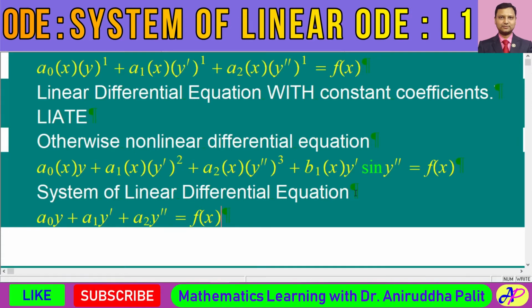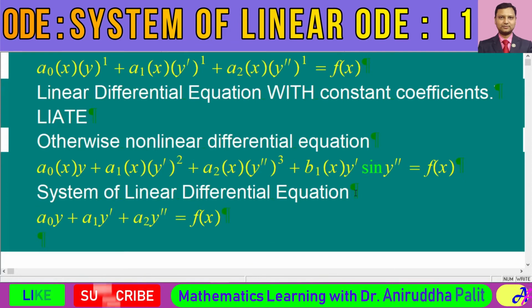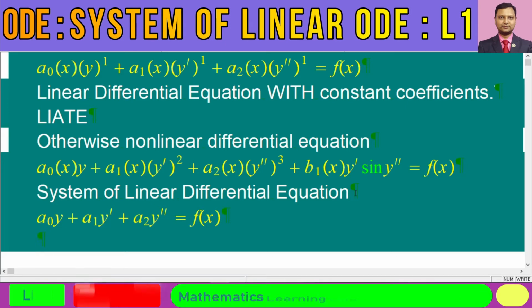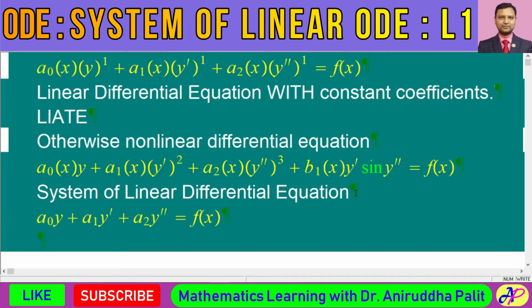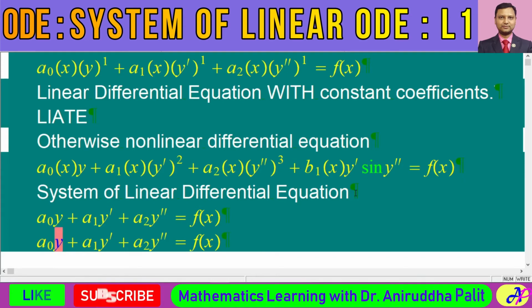All right. And along with this kind of equation, we suppose there is one more equation, where the dependent variable may be z.